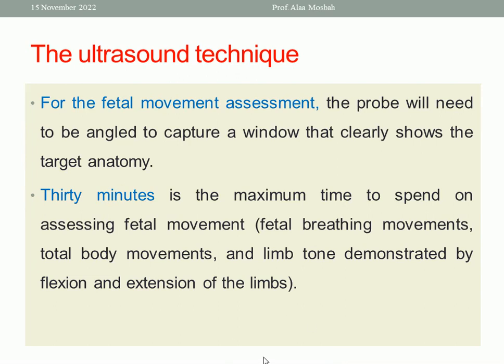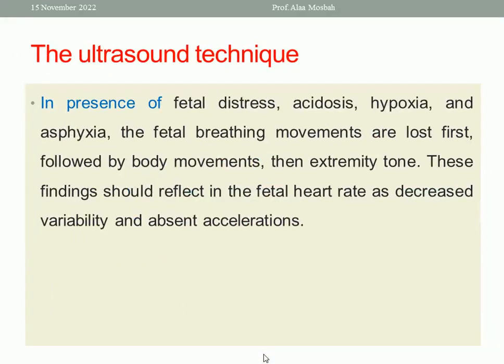As I said before, the duration of the test is 30 minutes. We will evaluate the fetal breathing movements, total body movement, and the limb tone demonstrated by flexion and extension of the limbs.